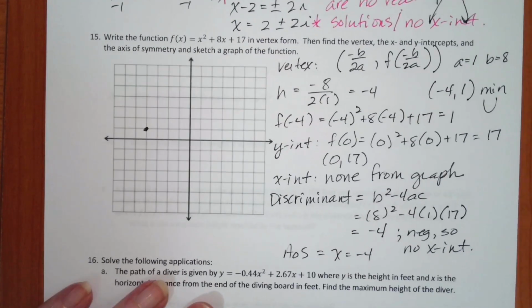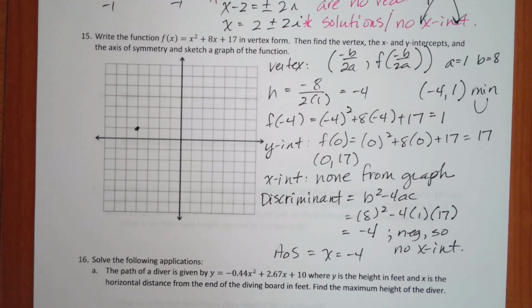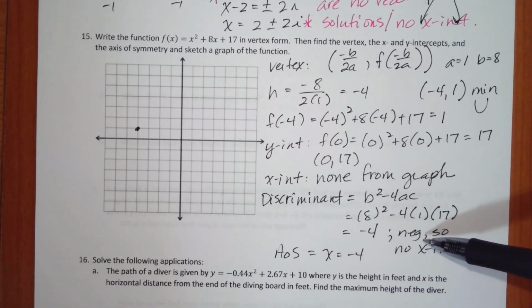And what else does it want? Sketch the graph. Okay. Well, the y-intercept doesn't help me any. There are no x-intercepts. So I am going to just find some points.